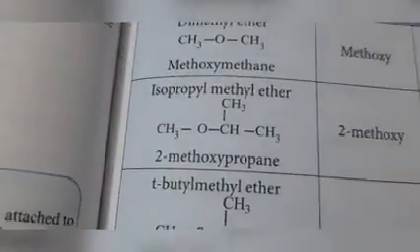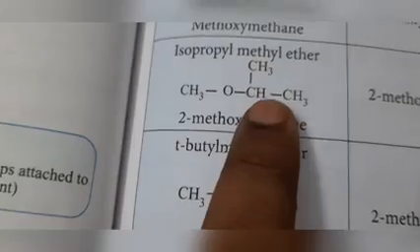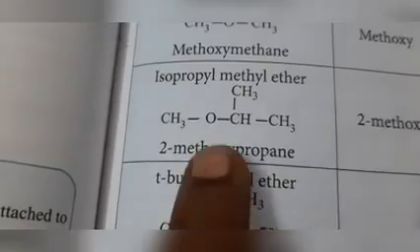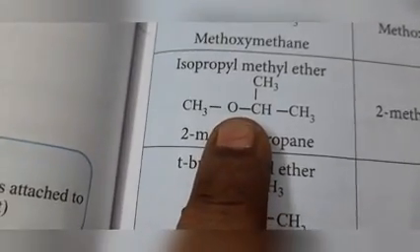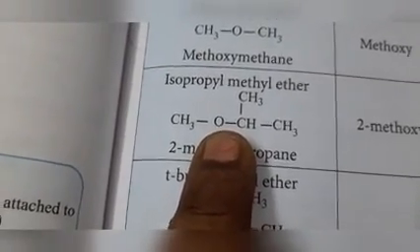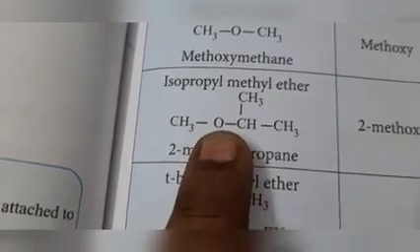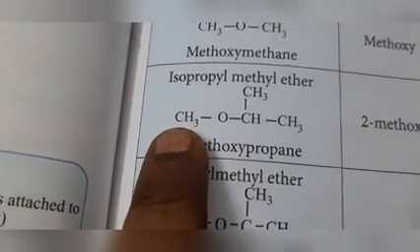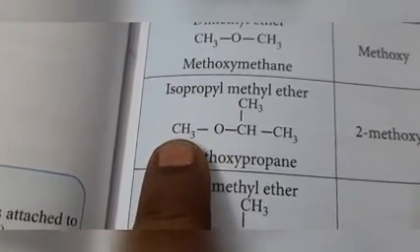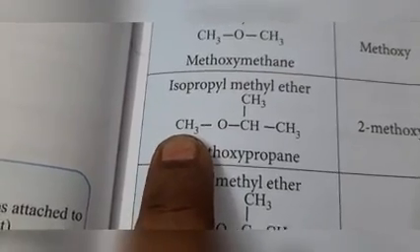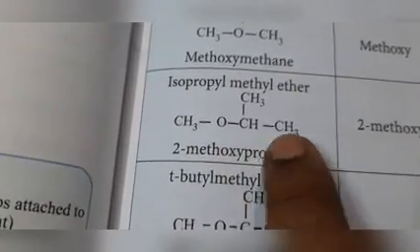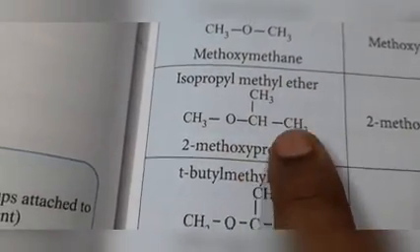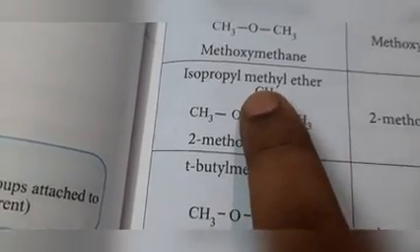The second compound is CH3OCH(CH3)2. For common name, the formula is alkyl name plus ether. In this compound, oxygen is attached with two alkyl groups. The name of this alkyl group is methyl; one carbon means methyl. For the other alkyl group, count the number of carbons: 1, 2, 3.